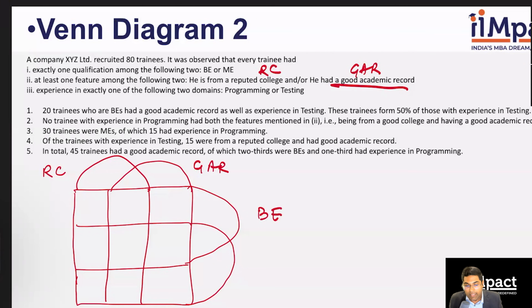Because I know anybody who's inside this part has a BE, and anybody who's outside this part has an ME. Can I conclude that? Yes. So that's the absolute idea over here. And I will name the last one as programming. Because again, anybody who's inside this has a programming experience. Anybody who's outside this has a testing experience. So this is how I make the Venn for this question.